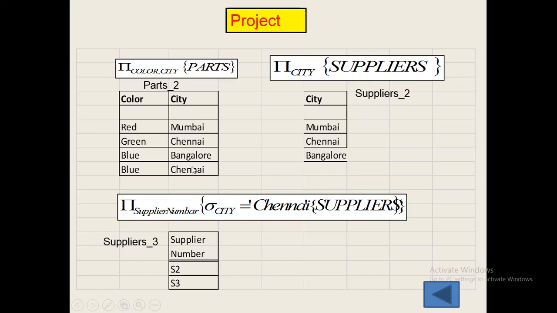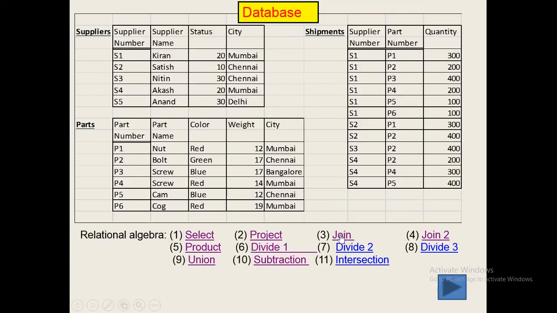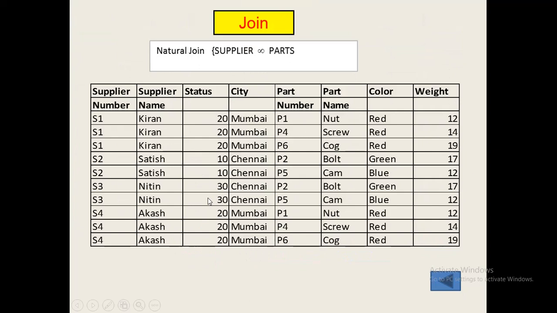The select and project operators can also be used in a combined manner. For example, project supplier number from the suppliers database where city is equal to Chennai. And the result is as shown in this table, suppliers 3. The next operation is join. Join is the operation which allows combining two relations by merging pairs of tuples, one from each relation, into a single tuple.